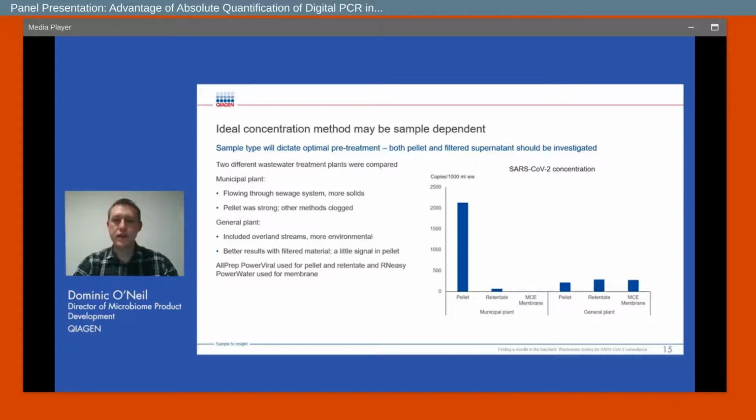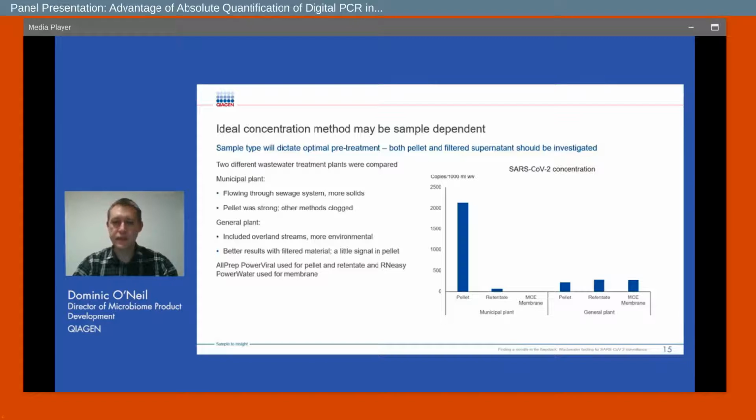It created a very strong pellet. So when we spun it down, we got a lot of material that we could process as a pellet directly into our kit. When we tried to process the material through the ultrafiltration membranes or through the mixed cellulose esters, those methods clogged and were not able to process more than 10 to 15 mLs, compared to extracting out of 50 mLs when we were doing the pellet system. And as you can see, we got much better detection for that municipal plant when dealing with the pellet.